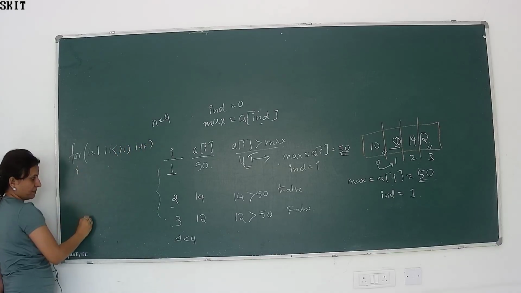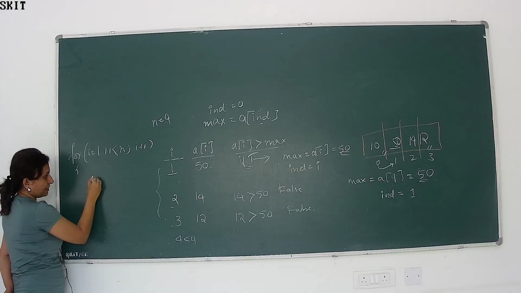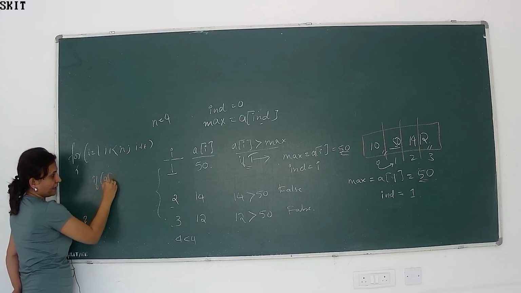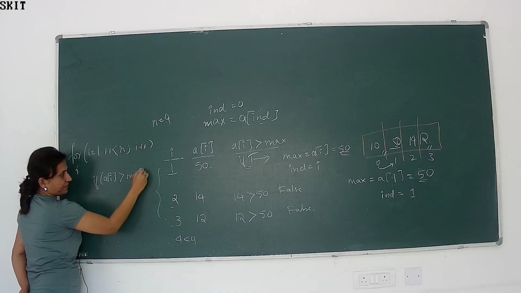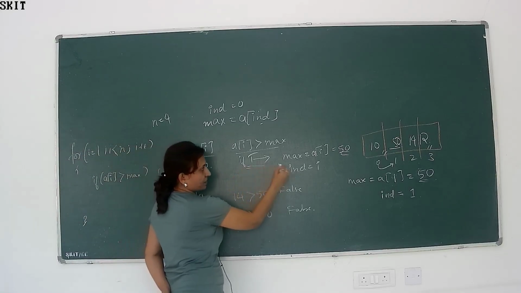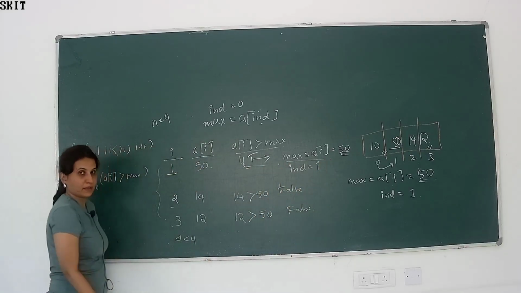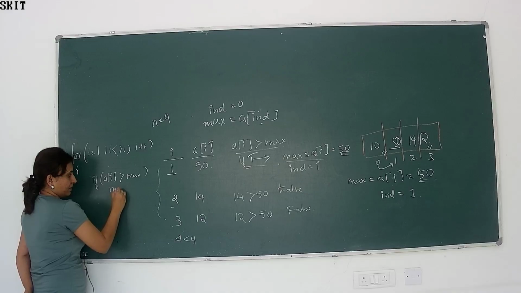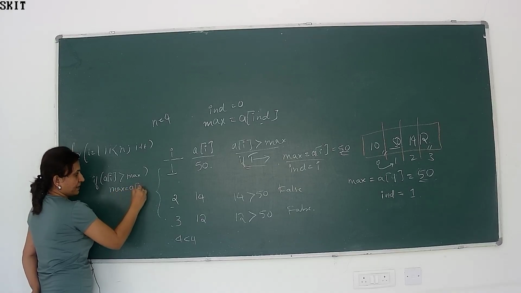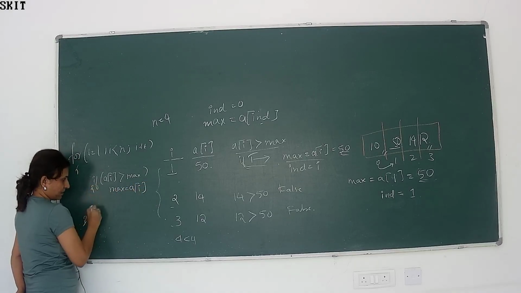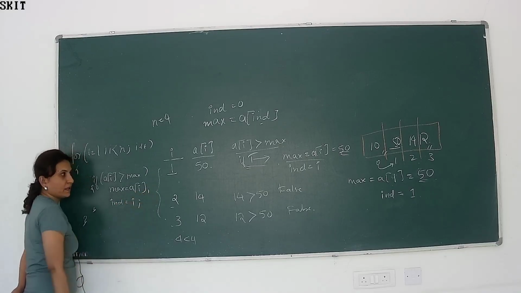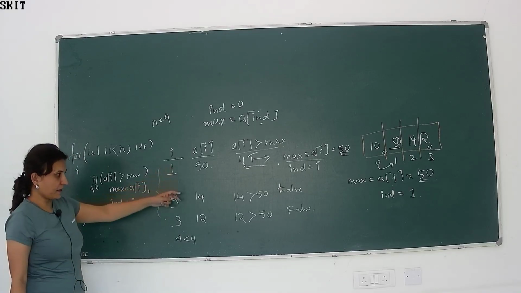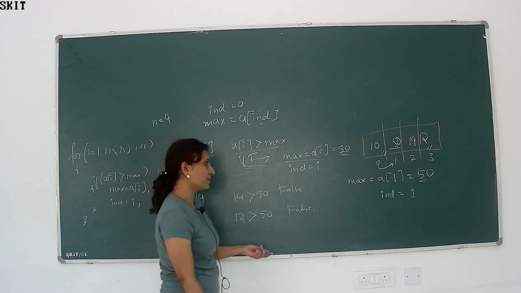What did I do? I did if a of I is greater than max. If this condition is true, max is equal to a of I. Correct? I updated the value. Max equal to a of I. Index will be equal to I. Once you came out of this entire loop, look at the max value, 50.